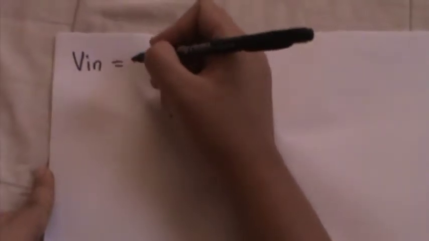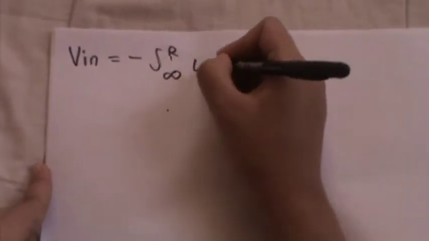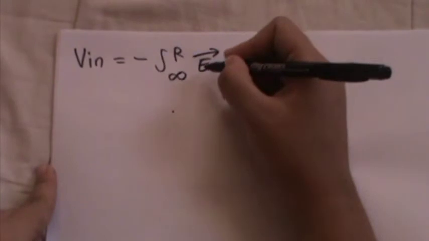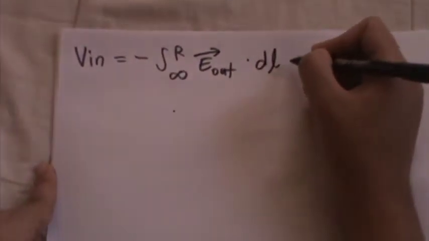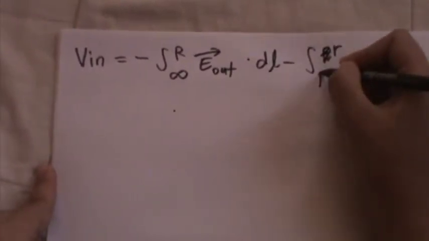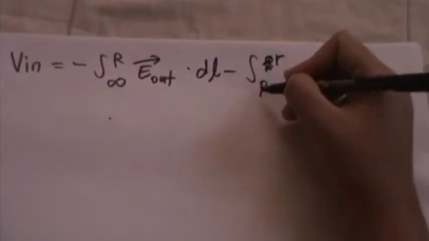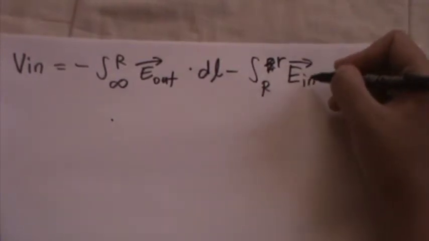We have V in, the electric potential inside, equal to negative integral from R to infinity of E out times dl, minus the integral from R down to the outside radius of E inside, electric field inside, multiplied by dl.